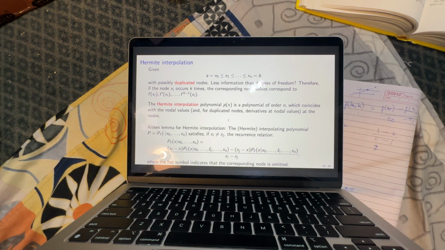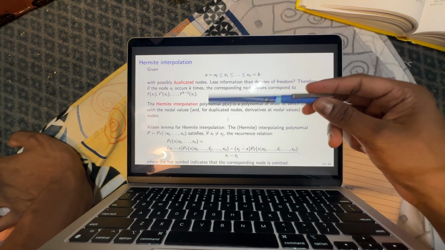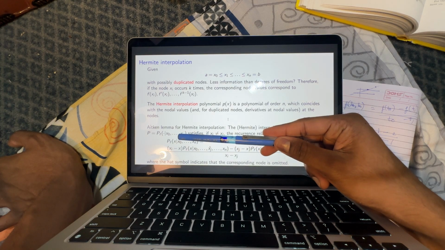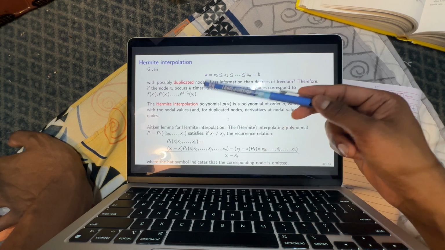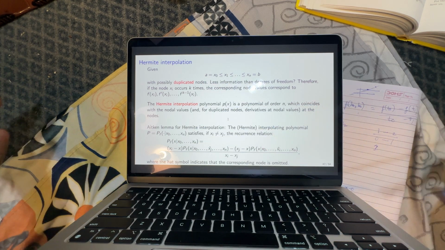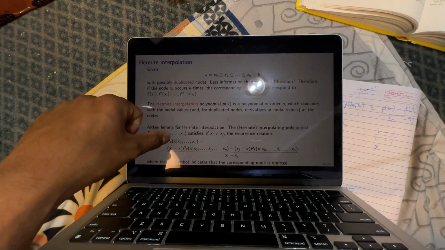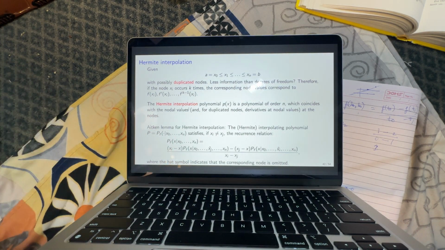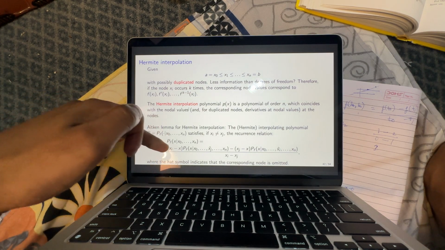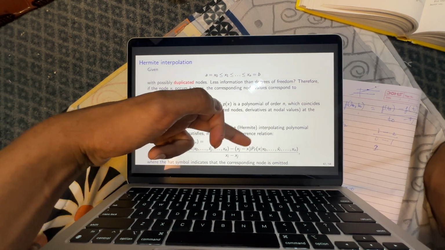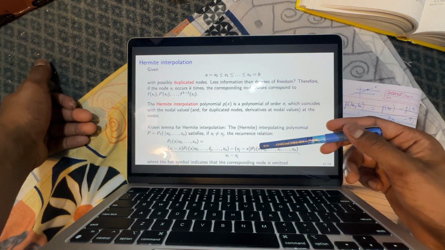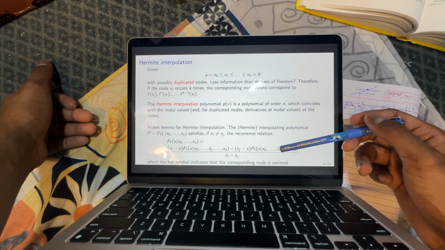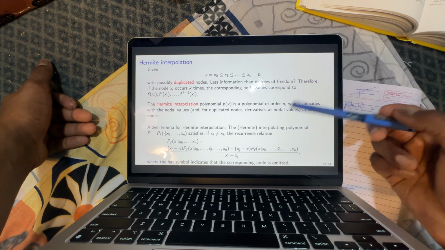I don't understand this. This interpolates at xi, right? The left hand side interpolates at xi. If I put x equals xi, left hand side is 0. What about the right hand side? X equals xi, this is 0. Xj minus xi, p of, but it does not interpolate at xi.